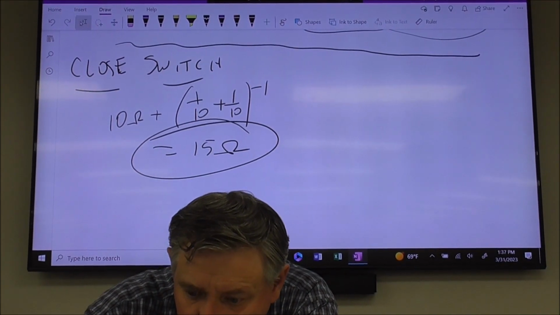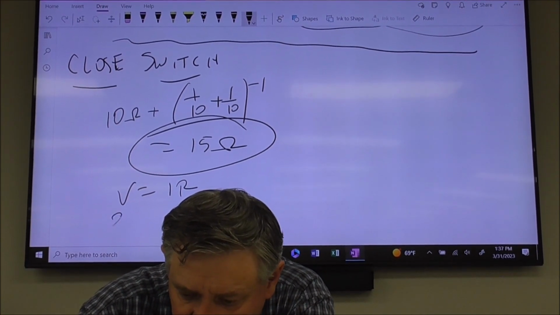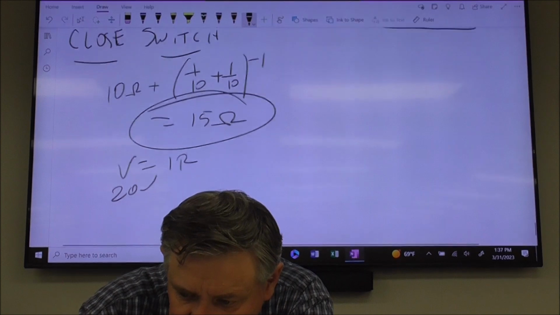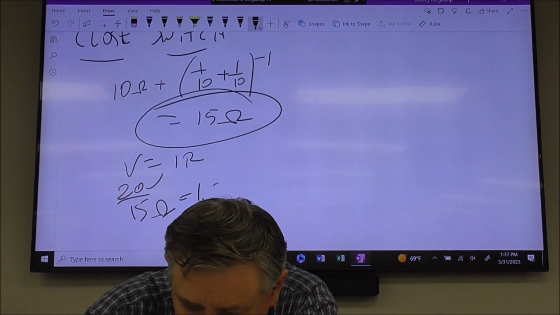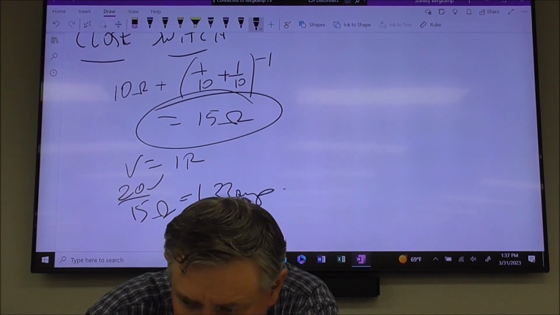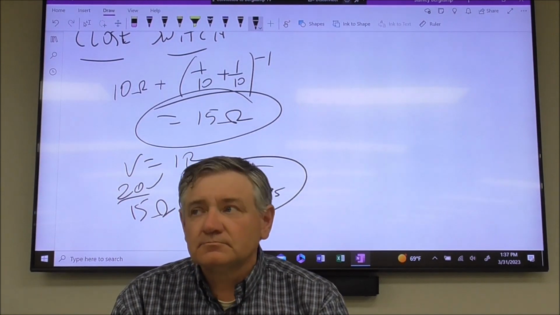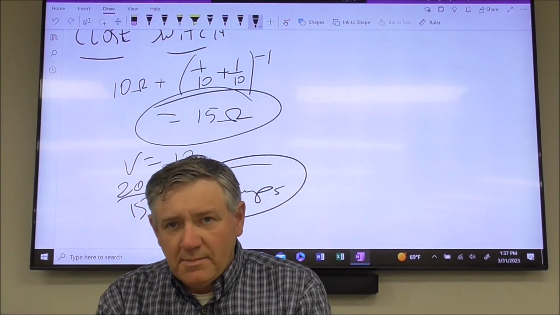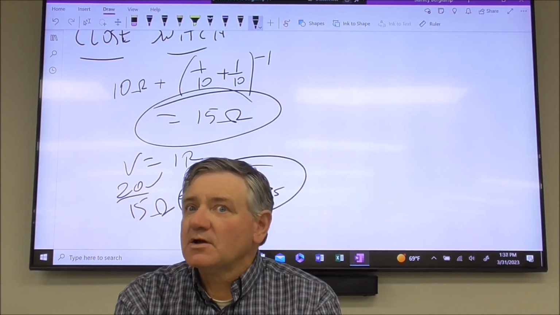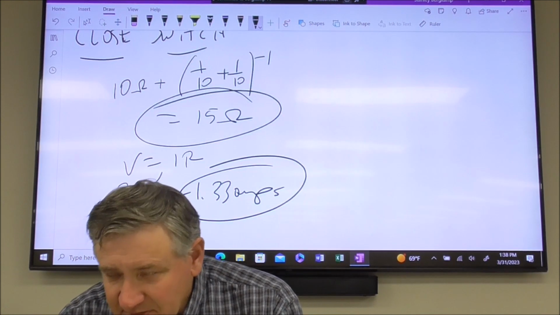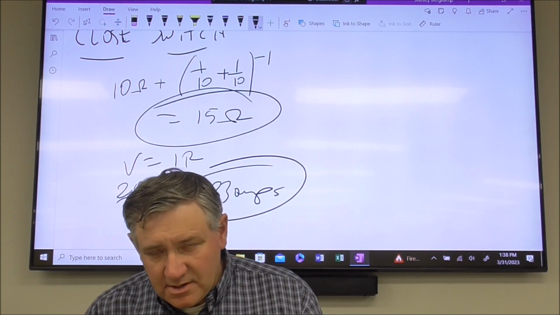Now, when you do the math, look what's going to happen. You take that 20 volts and divide it by 15 ohms, and you get 1.33 amps. Now, here's the bigger picture. Why did my current go up? Because there's less resistance in the whole circuit. Exactly.